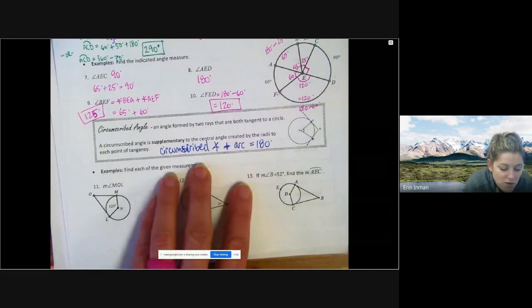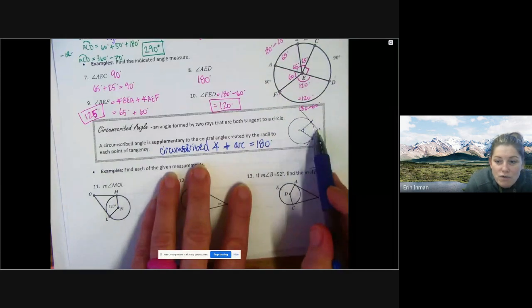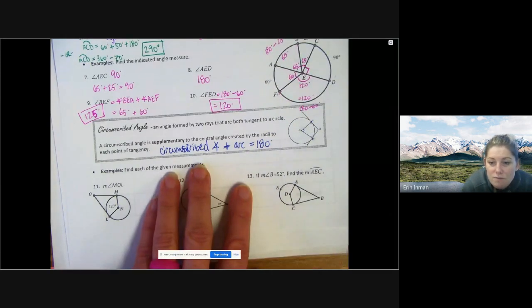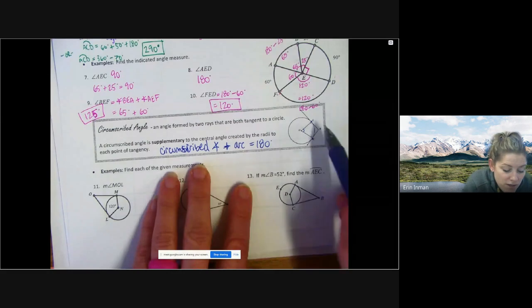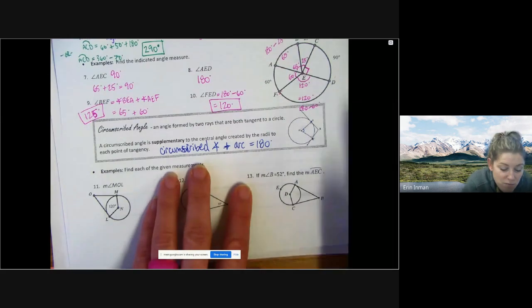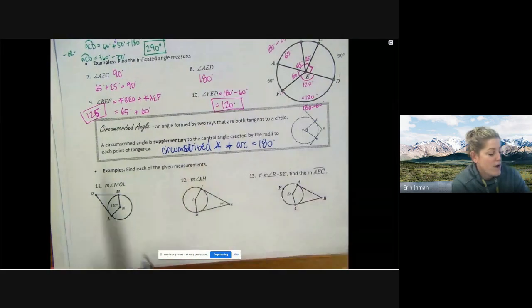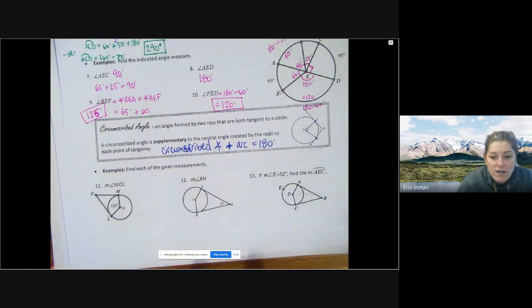So not only are the central angle and that circumscribed angle supplementary, the arc that the circumscribed angle forms is also supplementary. So let's go ahead and look at a couple of these examples.